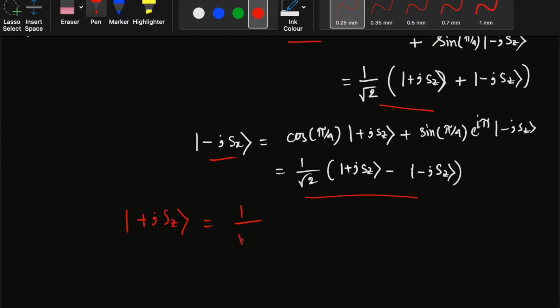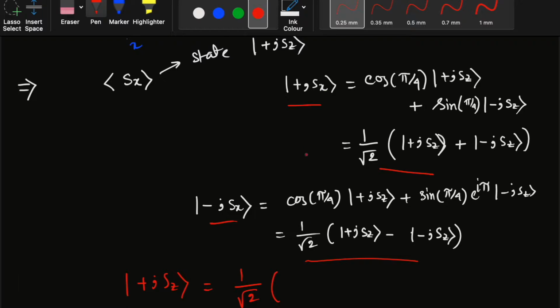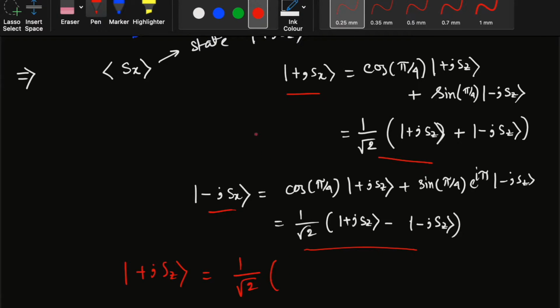So from these two equations, if we add them, we will get plus Sz is equal to 1 by root 2 times plus Sx plus minus Sx.